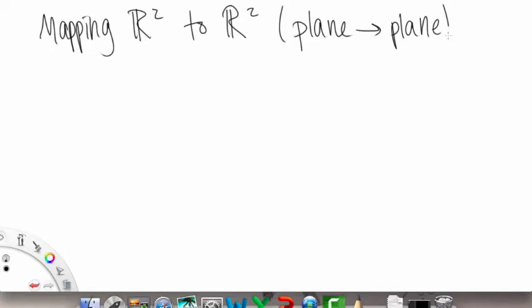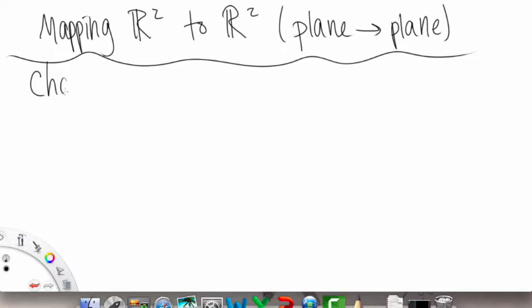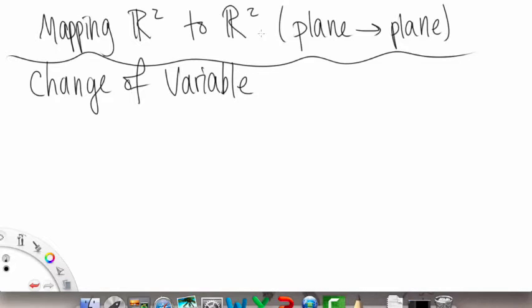But now, and I'm not going to go into too much detail here, it's just good to know, a change of variables in 3 variables. It's kind of a general rule that whenever you're adding on more variables, things tend to get more complicated.